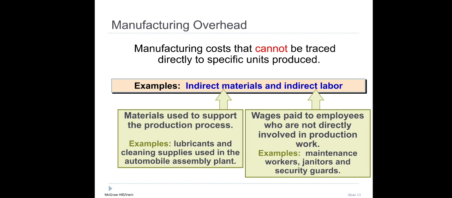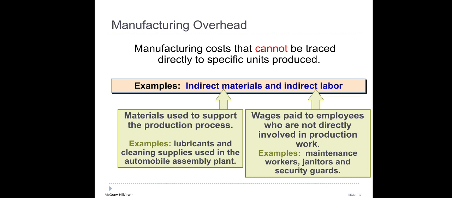Okay, number 3, there is another category for manufacturing overhead. Other costs. Other costs is like rental. You have a business, you produce something, you rent the factory building. The rental cost is also a manufacturing overhead cost. Another one is depreciation. If you have a factory, you will have many machines.